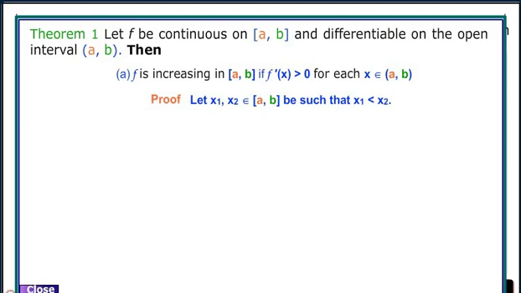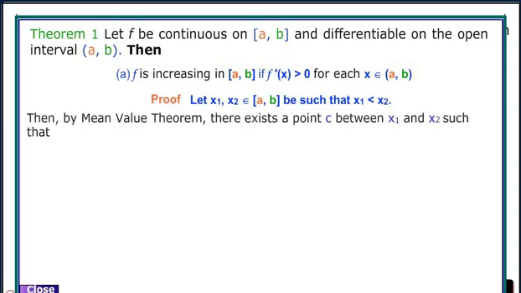Let x1, x2 belong to the closed interval a, b be such that x1 is less than x2. Then, by the mean value theorem, there exists a point c between x1 and x2 such that f of x2 minus f of x1 is equal to f dash c into x2 minus x1.